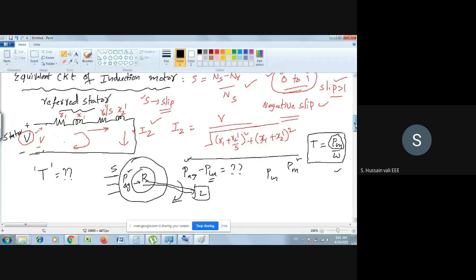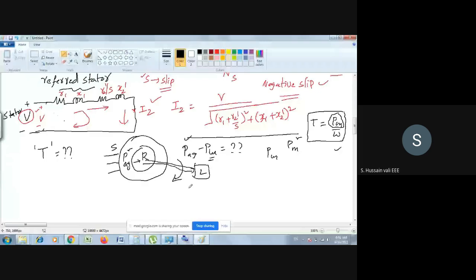This derivation is part of the previous discussion itself. Today I'm just revising the induction motor, so that we can start the actual topic. The actual topic is not this. This is a revision, so that when I start the new topic, you should not have the doubt of how all these equations come.